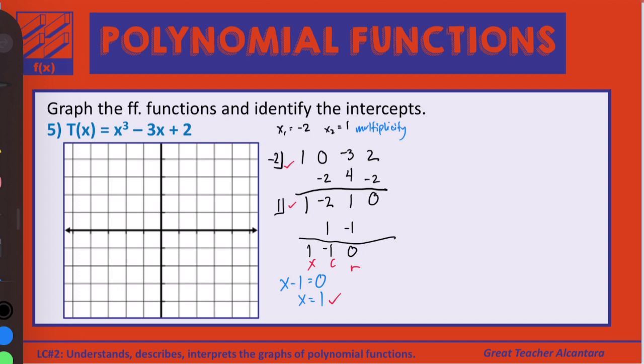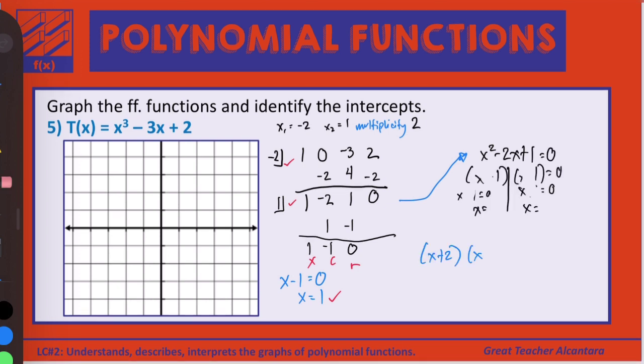And that has an implication with the graph. So this one has a multiplicity of 2. But before we head to the graphing, I want to show this part. If you want to do factoring, what is this? x squared minus 2x plus 1 equal to 0. This is a perfect square trinomial.